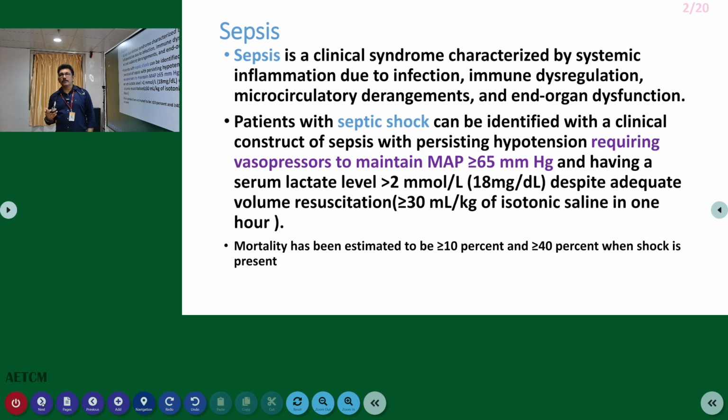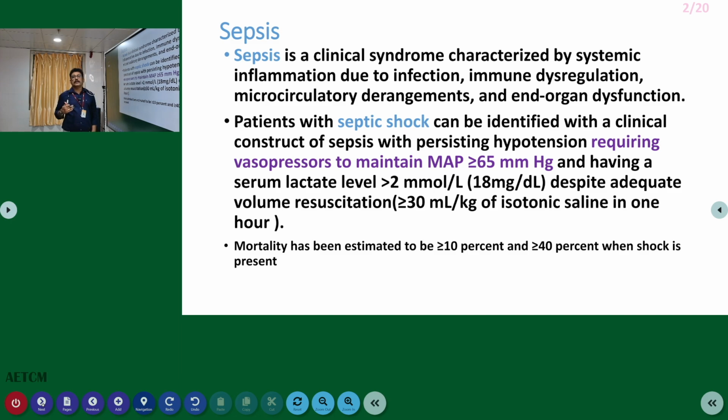Then we may have to start vasopressors like noradrenaline to maintain the mean arterial pressure above 65. Then we can say the patient is having septic shock. So the patient is having sepsis, inflammation, and hypotension requiring fluid and vasopressors to maintain the mean arterial pressure above 65.